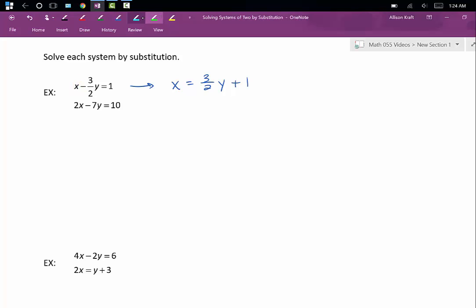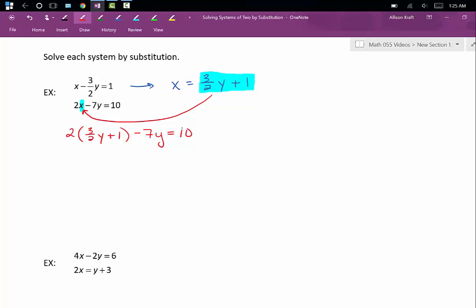I'm now going to take this algebraic expression, which is equal to x, and I'm going to substitute it into my other equation where there is an x, right there. We're going to end up with 2 times (3/2 y plus 1) minus 7y equals 10.